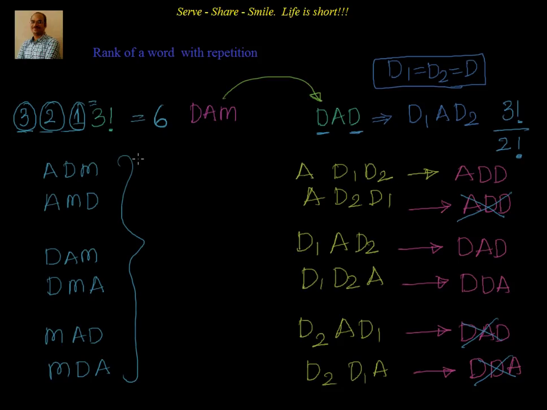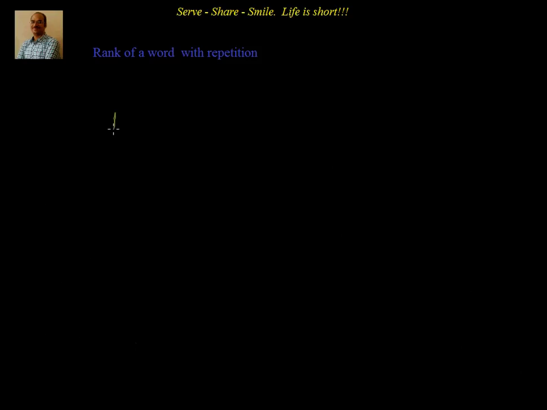Let's take one example, madam, M-A-D-A-M, or for example radar. If you take madam, we have a total of 5 letters, so it should be factorial 5, but we have M repeating 2 times, so I have to divide by factorial 2.